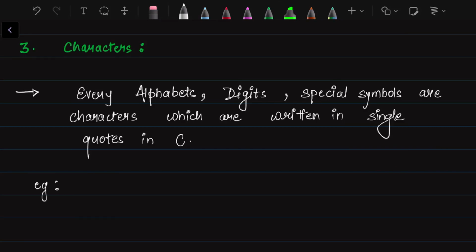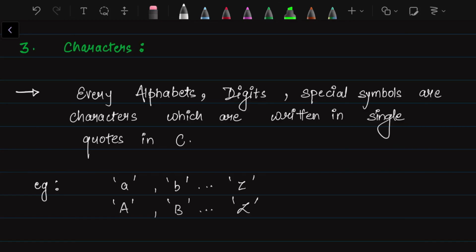Alphabets from A, B up to Z, similarly uppercase A, uppercase B. All of these alphabets are written within single quotes.